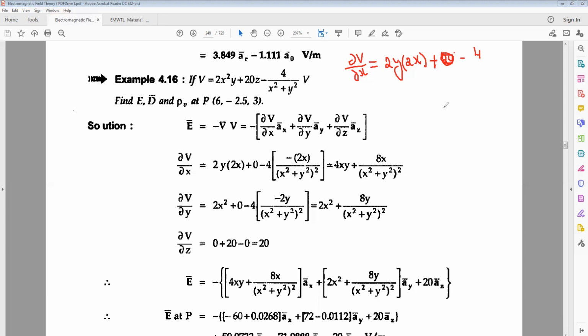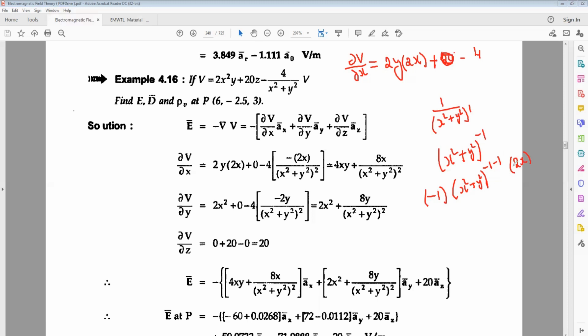You can write 1 by x square plus y square as x square plus y square whole power minus 1. So minus 1 into the derivative: x square plus y square whole power minus 1 minus 1, and inside there is x square, whose derivative is 2x.